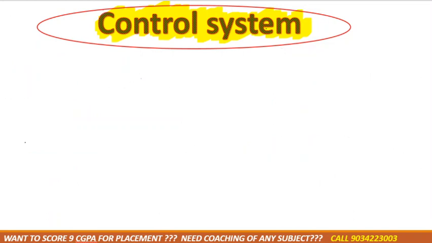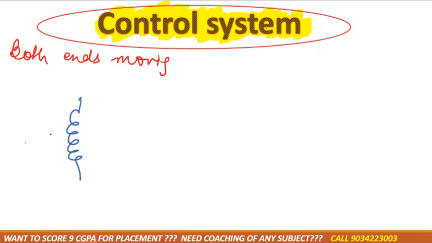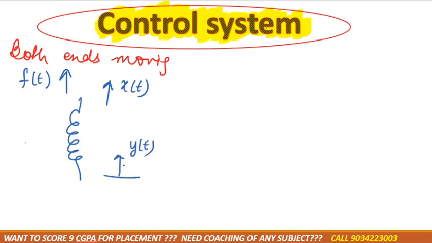Now suppose both ends are moving, there is no fixed point. Suppose this is the spring. Here, for the above case, force is moving upward, so displacement is upward. In this case also displacement is upward, so the spring is extended.